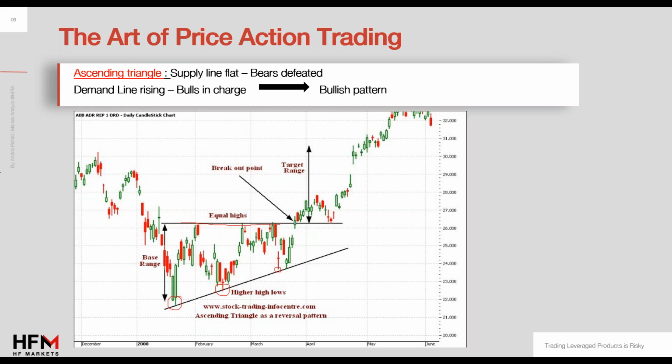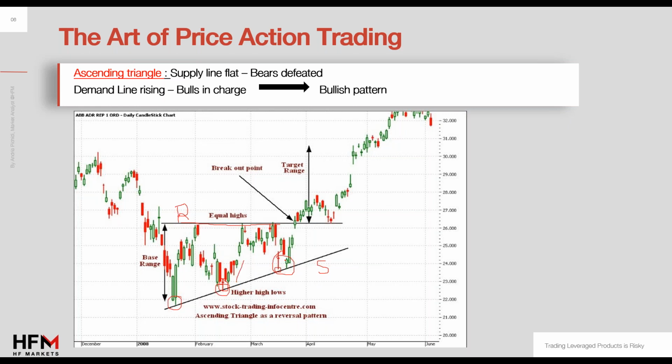So what we have over here, we have connected the highs, and it was struggling to break this particular area. So this is our resistance area, right? By connecting the lows, this is our support area. Because again, we have seen some kind of indecision using this support area. And that means rebound. And indeed, this is what happened.